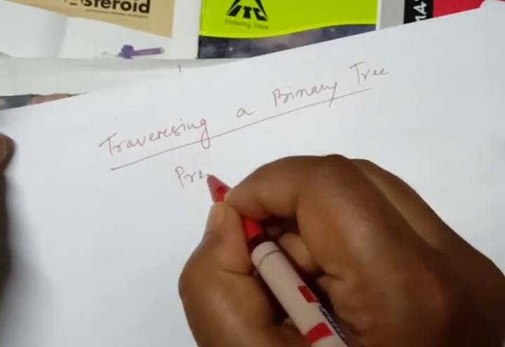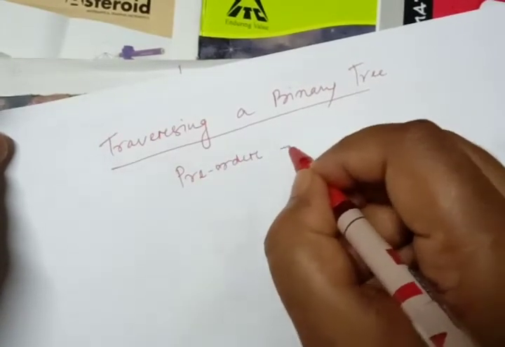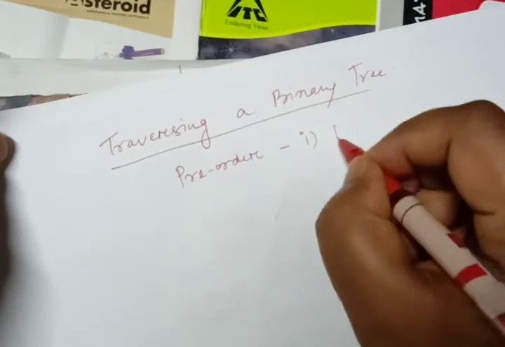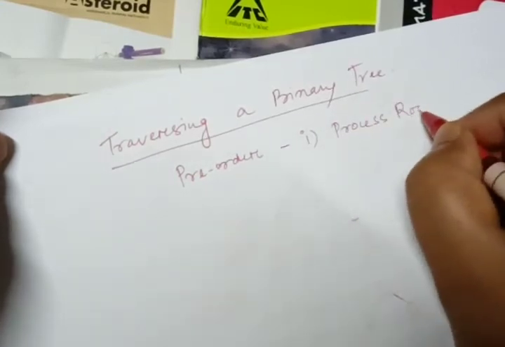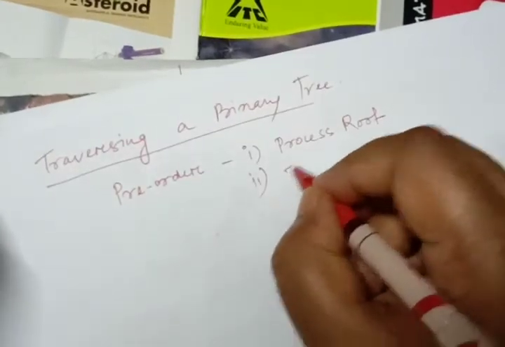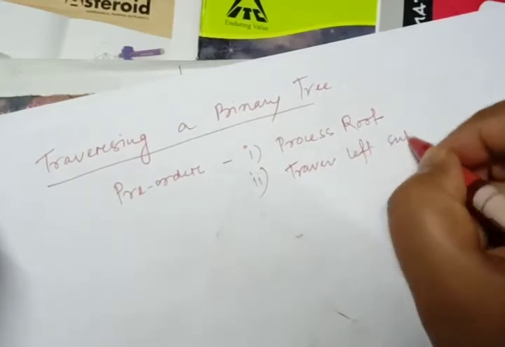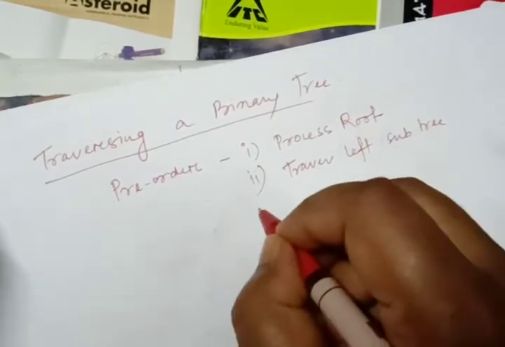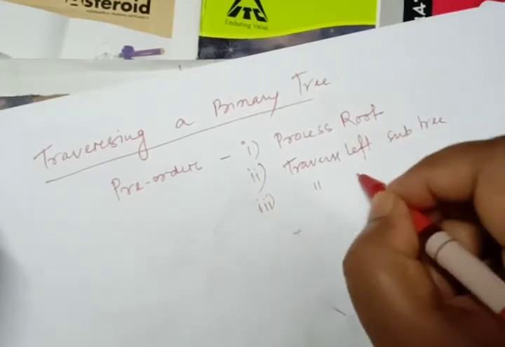The first method is pre-order. In pre-order, first we will process or traverse the root node, second we will traverse the left subtree, and third we will traverse the right subtree.